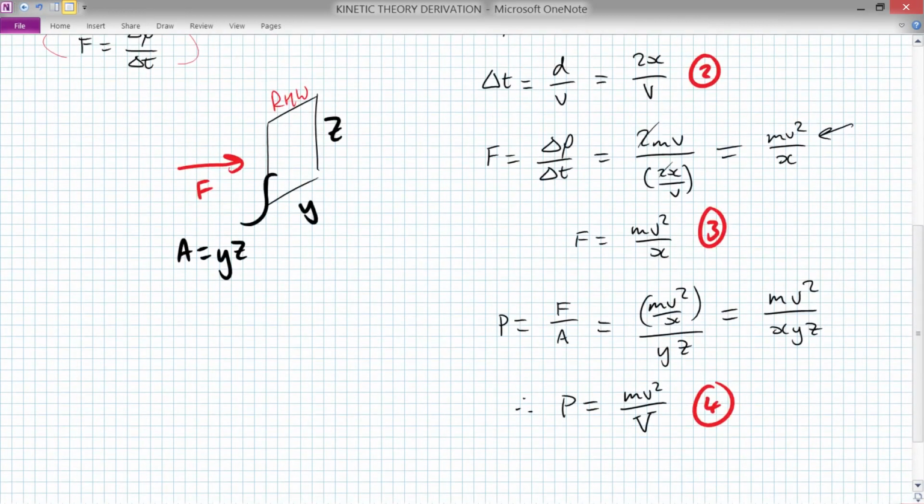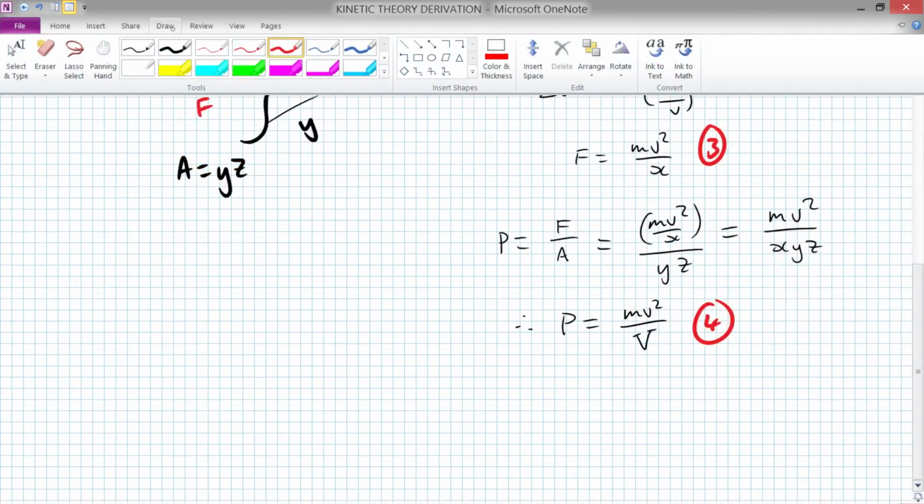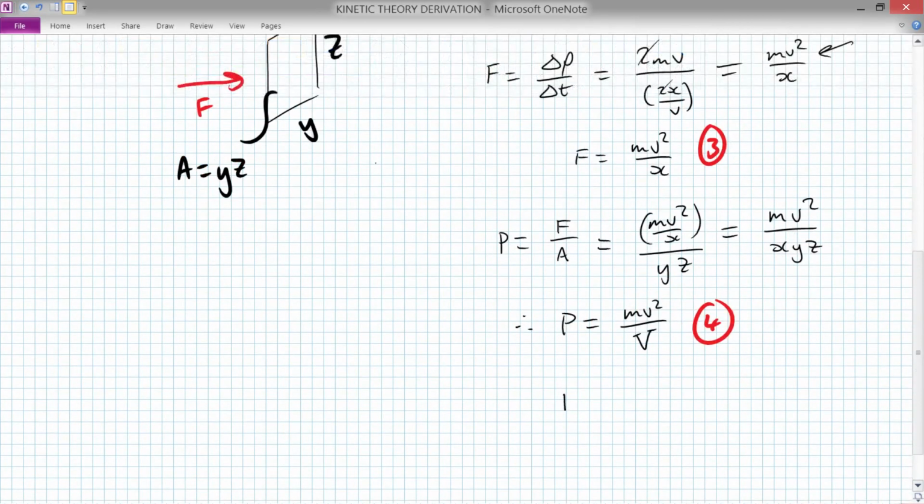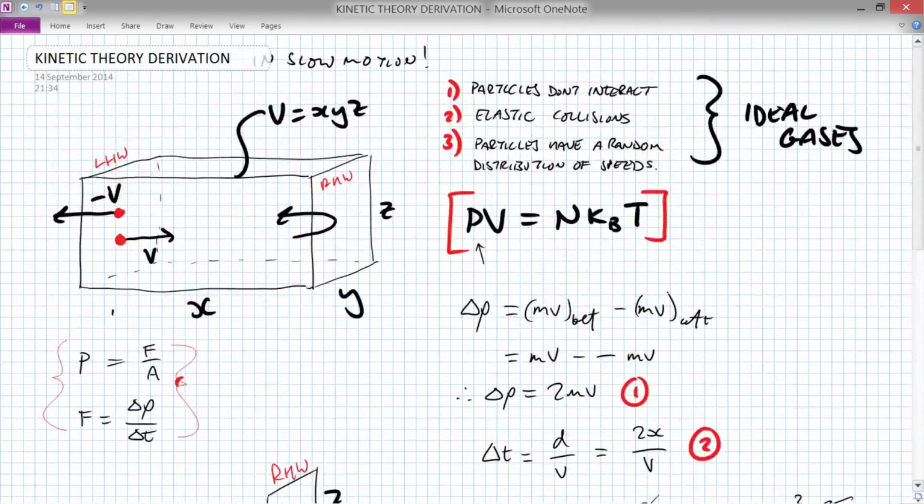So let's just have a quick stop and a check. We now have, if I rearrange this, PV, big V, equal to mv squared. We know that mv squared is something like particle energy. And on the left hand side we've got PV, which is reminding us of these guys up here. So we must be on the right track.